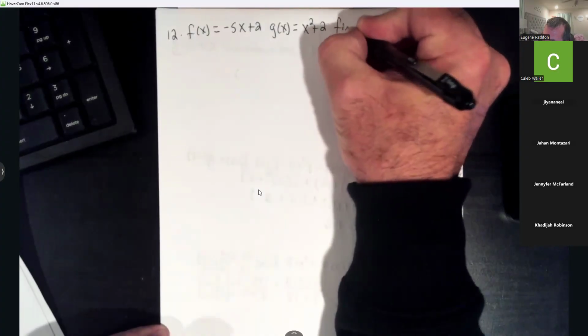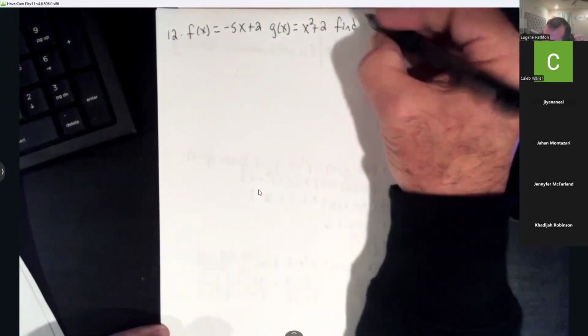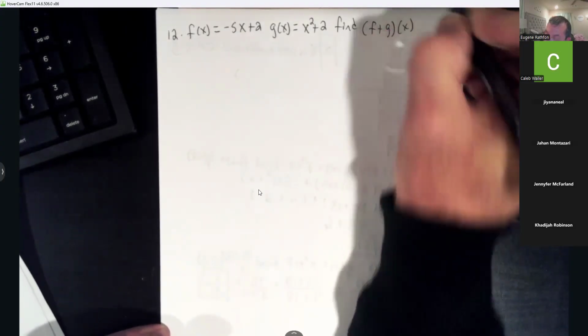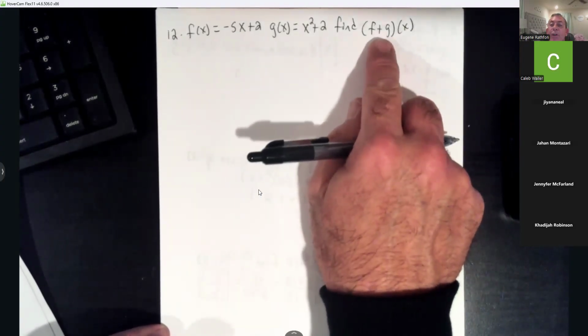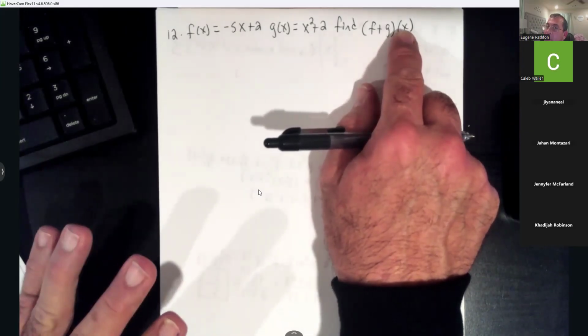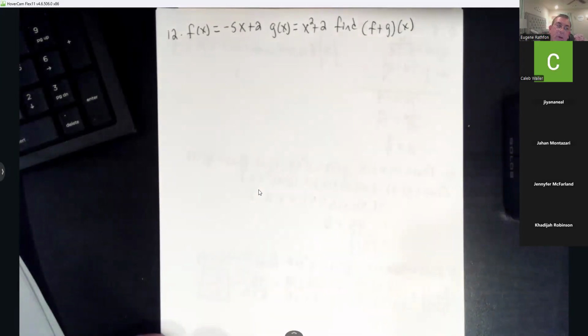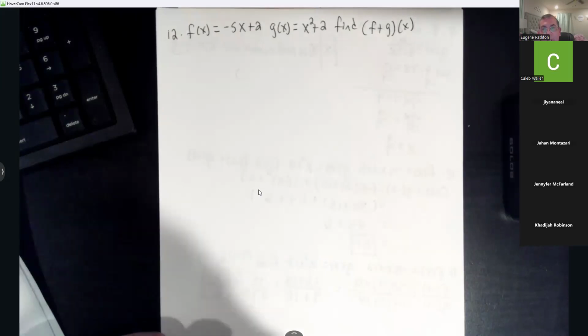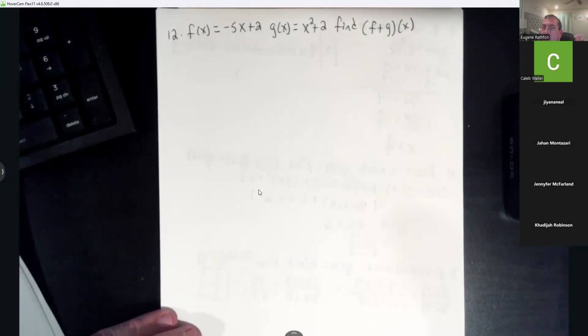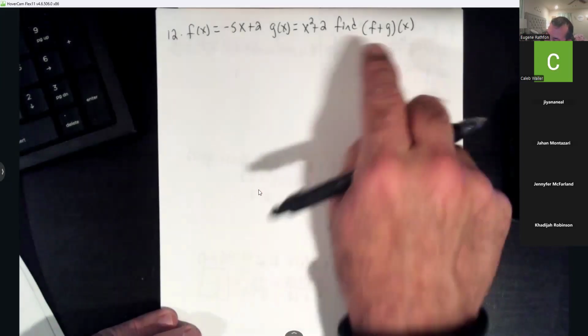I'm going to find f plus g of x. All right, so now we're adding two functions. They're not giving me any replacement values for the x. So you better not come up with a single number for this answer because there's not nothing you can do to get rid of the x squareds and the x's, okay?